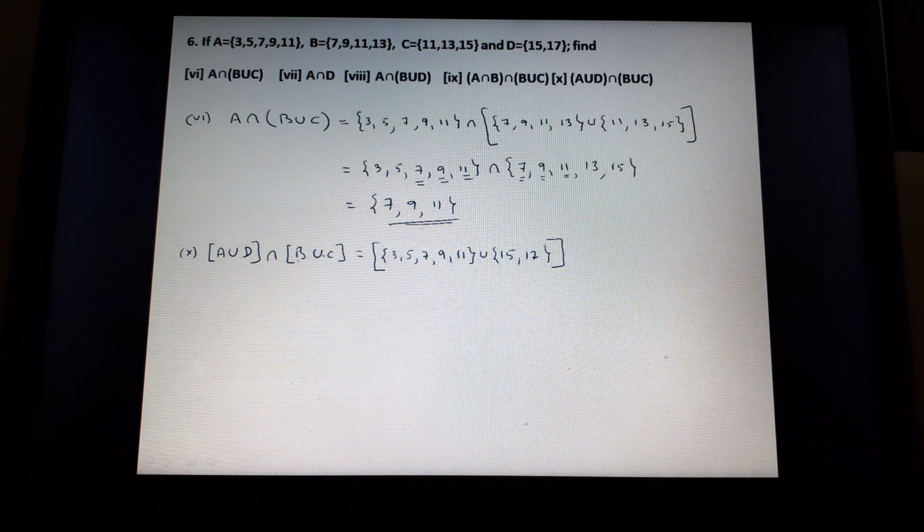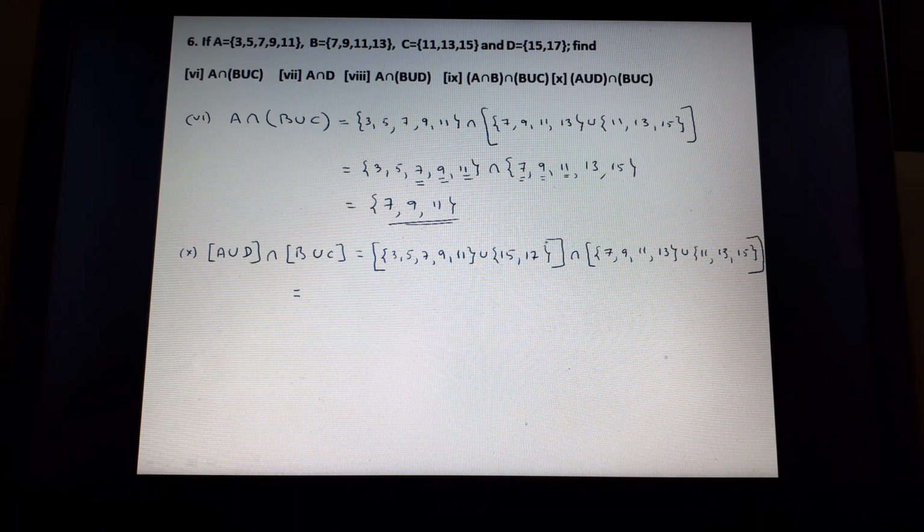Then here it is intersection, then B is 7, then 9, then 11 and 13, then union, then I have to write C is 11, then 13, 15, so 13 and 15, then you have to put a bracket here. So the question is only simplification, so we have to write.